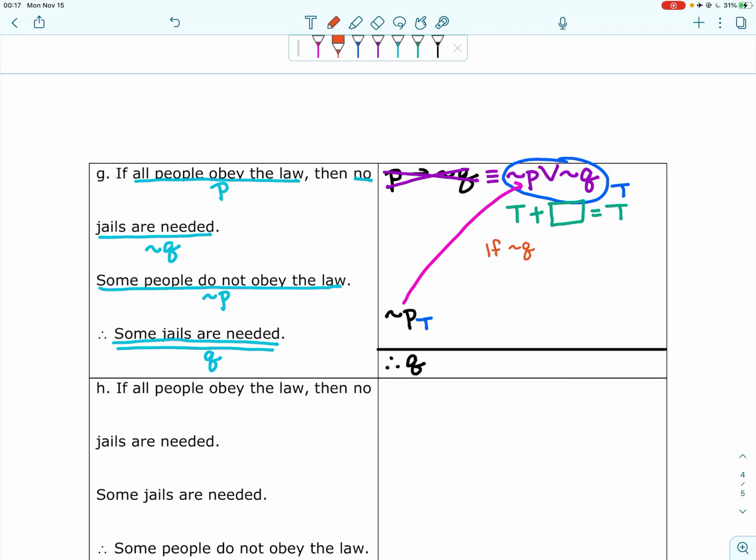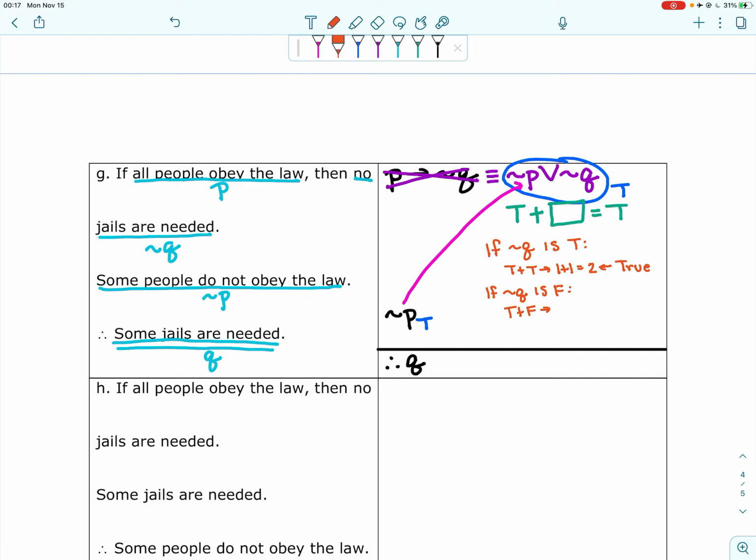So if not Q is true, what does this look like? Well, we have a true plus a true, which is 1 plus 1, and that equals 2. So that entire statement is true. If not Q is false, what does this look like?